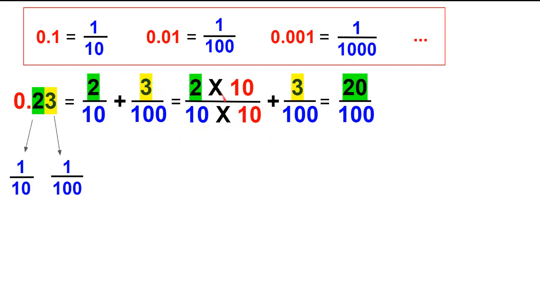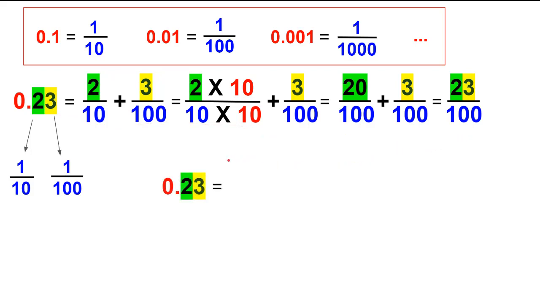The reason that we multiplied it is that we want to get the same denominator, 100. So we have 20 over 100 plus 3 over 100, which is 23 over 100. You could have seen that immediately from here. 2 digits, that means just this number over 100, which is what we get.